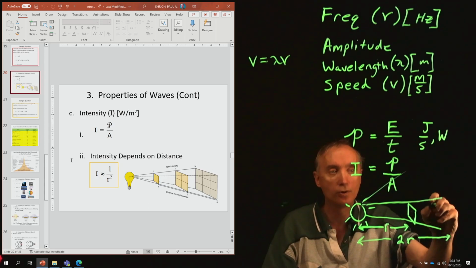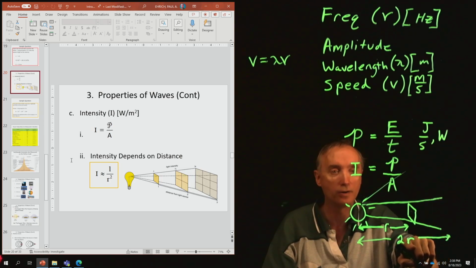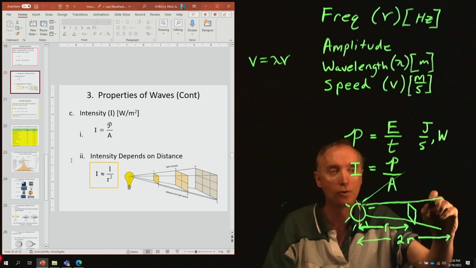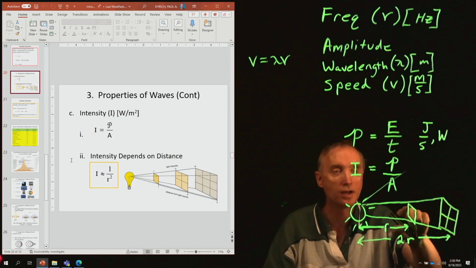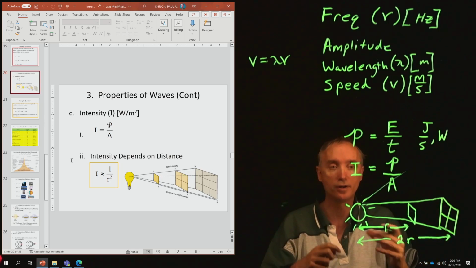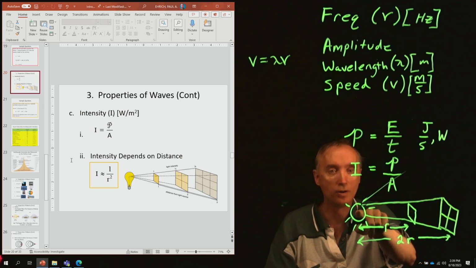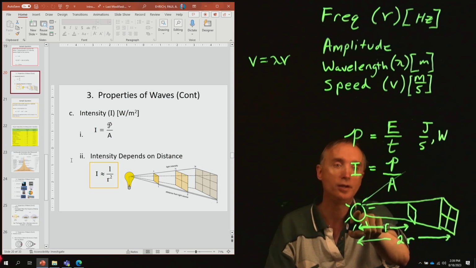So in order to capture it over here at a distance of 2r, it's going to take 4 times the amount of area to be able to do that. So this time we're going to need 4 times the amount of area in order to catch all of this light that's coming from here.